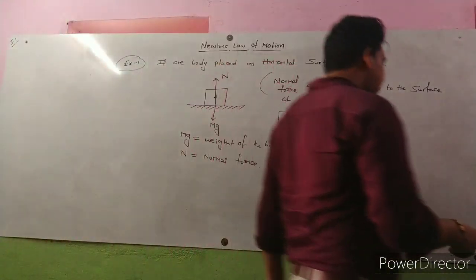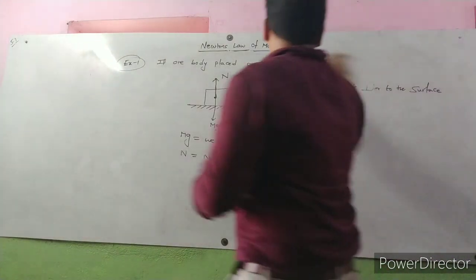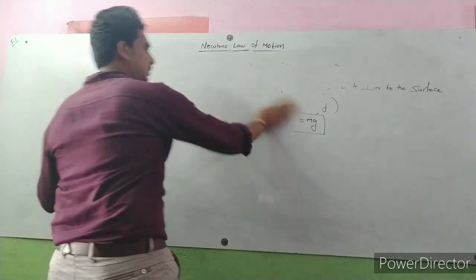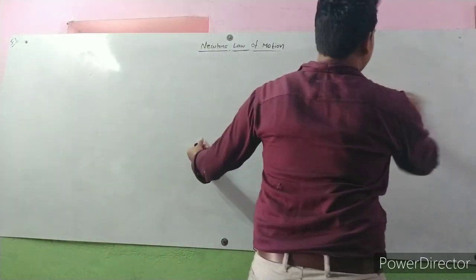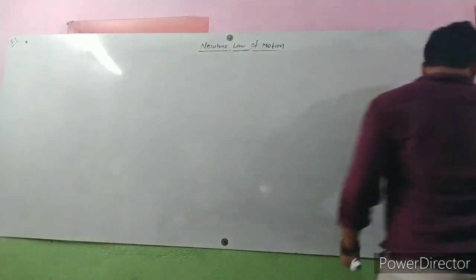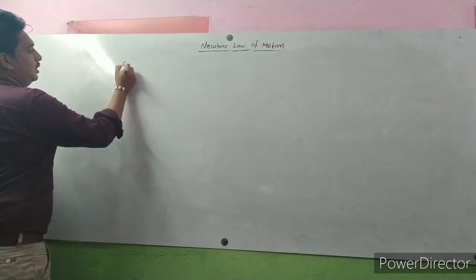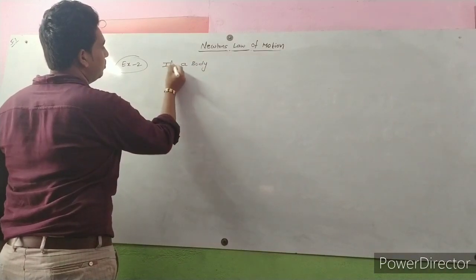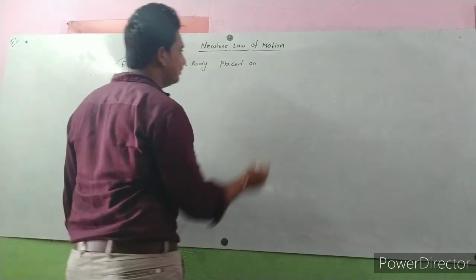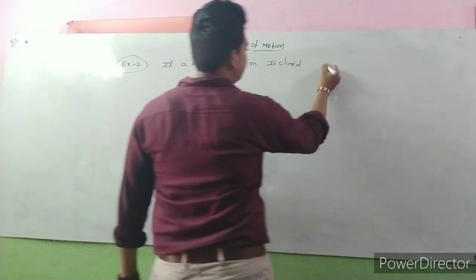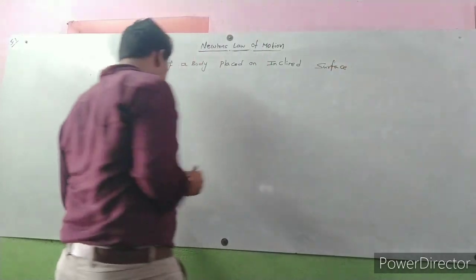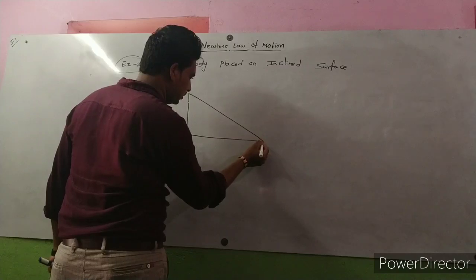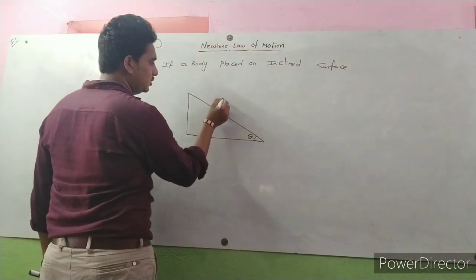Next, example 2: if a body is placed on an inclined surface, this is a block.